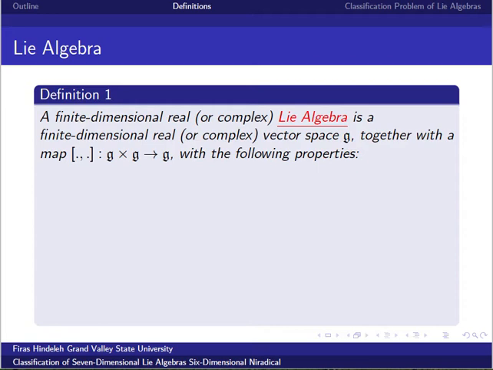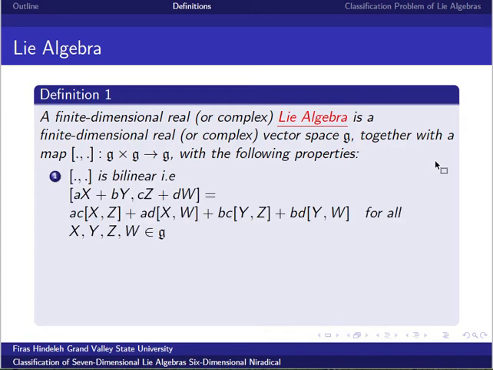Now this bracket is just a binary operation from G cross G to G. So it just basically acts on two elements of the algebra and spits out another vector. So the properties of this bracket, basically, we want this bracket to be bilinear, which basically means that it's linear in the first component and also linear in the second component.